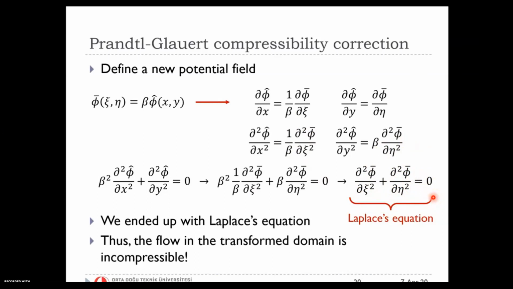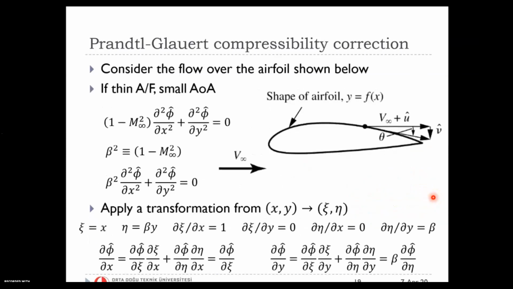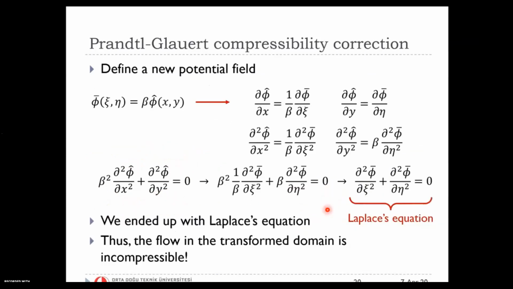So we started with our velocity potential equation defined for compressible flows, and we applied a transformation from the xy coordinate system to the psi eta coordinate system. In this psi eta coordinate system we defined a new velocity potential field given by this relation, and we ended up with the Laplace equation.